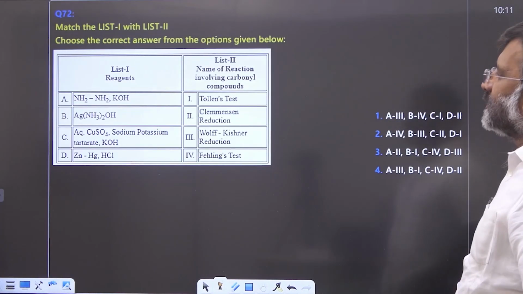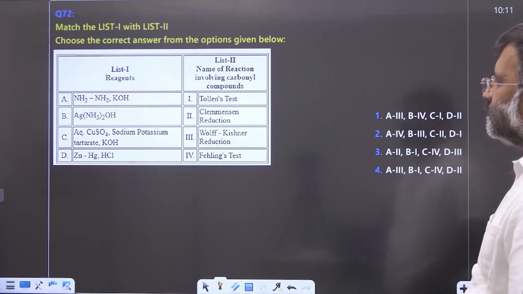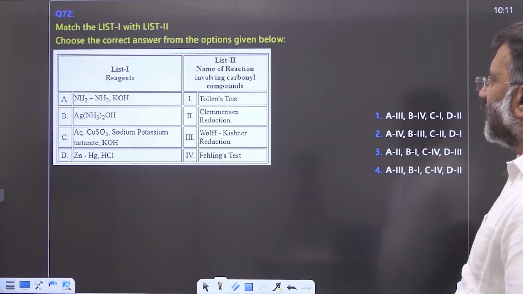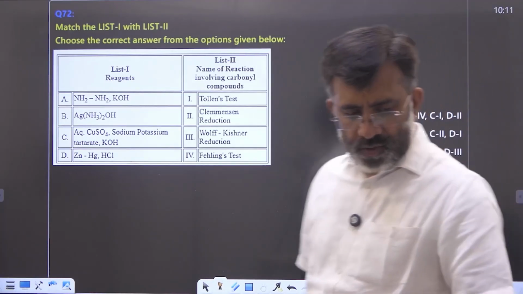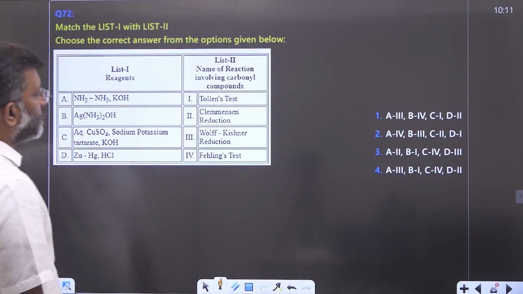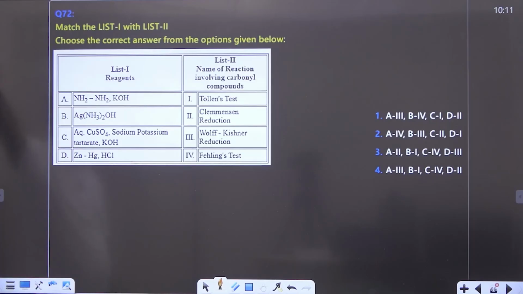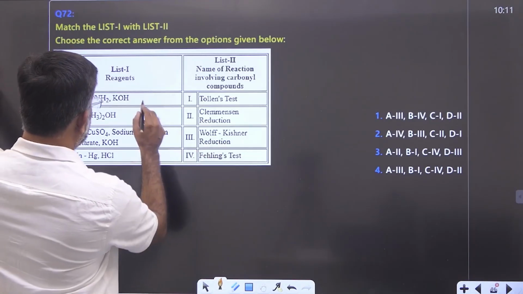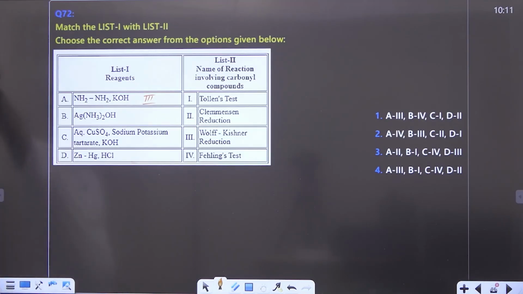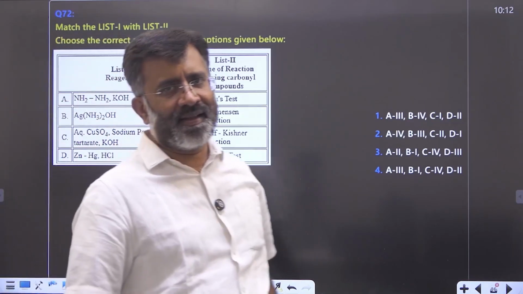It's about matching the list. List 1, reagents, to be matched with the name of the reaction involving carbonyl compounds. Let's try. A matches with the Wolff-Kishner reduction. A matches with 3, isn't it? NH2NH2, KOH, Wolff-Kishner reduction, hydrazine.